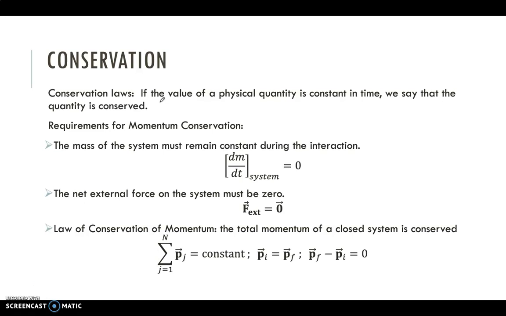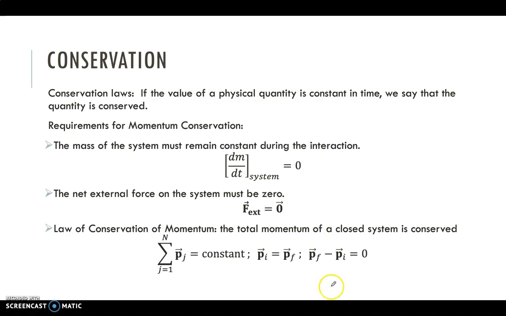And so the law of conservation of momentum is that the total momentum of a closed system is conserved. Again, that is the same equation that we just found in the previous one. We can also say that the initial momentum is going to be equal to the final momentum.